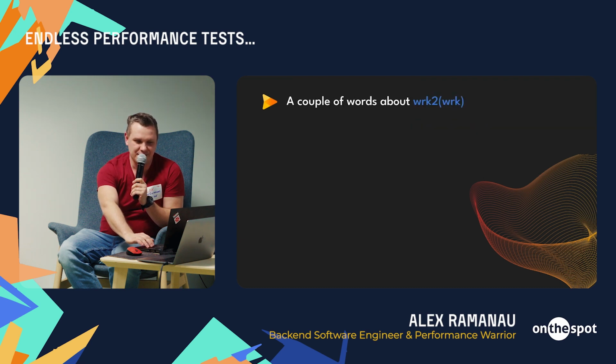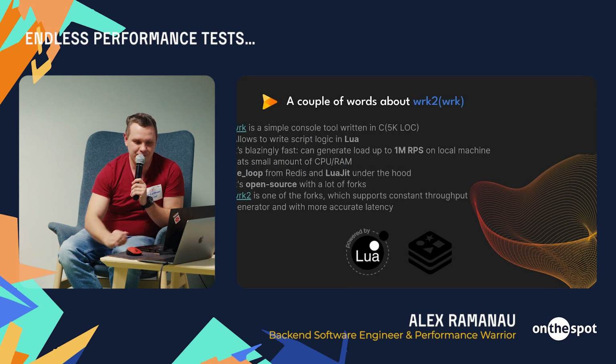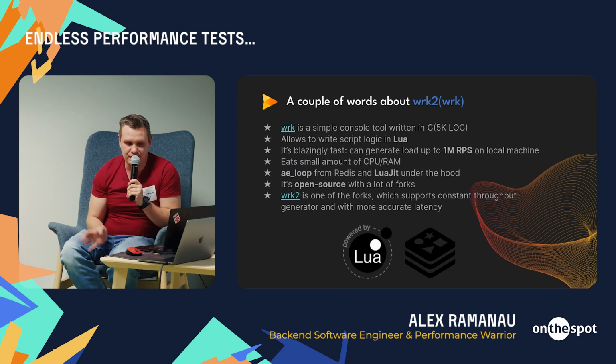Okay, a couple of words about Wrk2 and Wrk. It's a simple console tool in C, and it allows you to write script logic in Lua. I'm not a fan of Lua, but it's a pretty interesting language for this use case. You can generate 1 million RPS on a local machine. I did it to Nginx, not my API, through loopback.